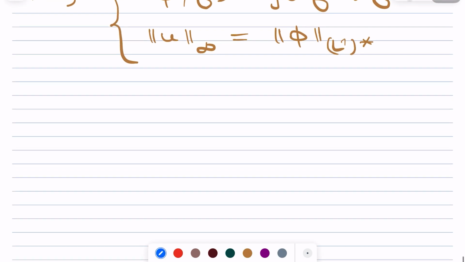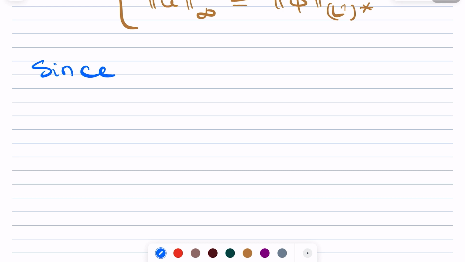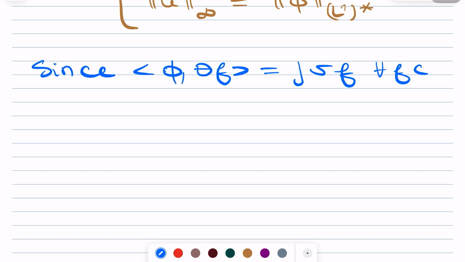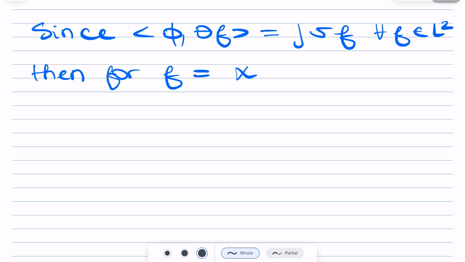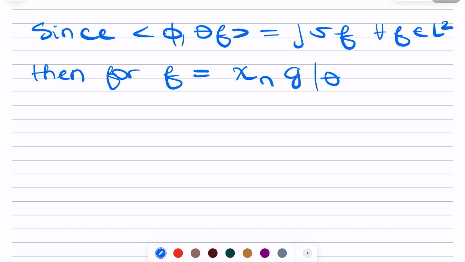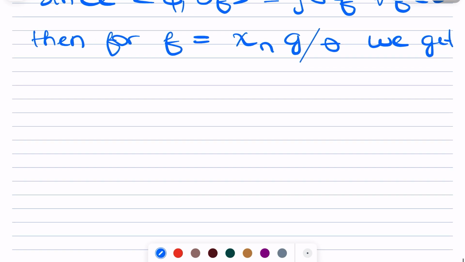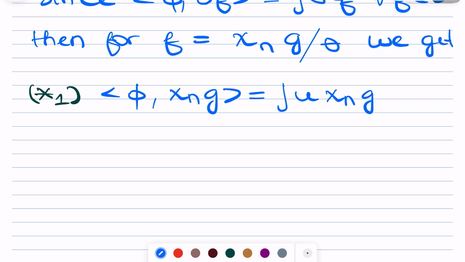Okay, so since phi of theta f is equal to the integral of vf for every f in L2, then for f equals chi n times g divided by theta, so this is divided, not restricted, let's call it star 1, we get that phi of chi n g equals the integral of u chi n g, and this for every g in L infinity.